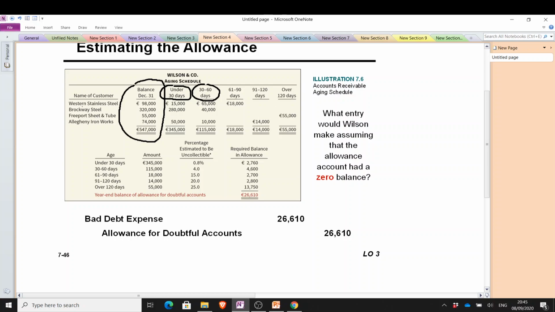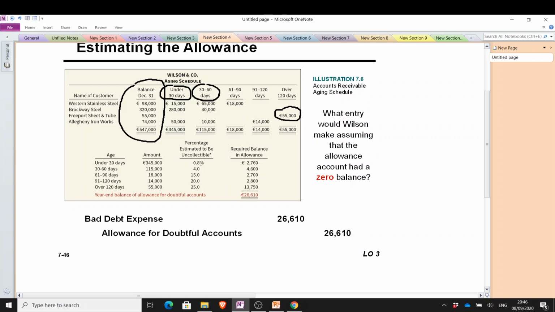Let's say that Western Stainless Steel only has 2 groups of receivables based on the aging schedule. Brockway has 3, Freeport has 2, and so on, with one already over 120 days. So the amount of these groups must be equal to 547,000.